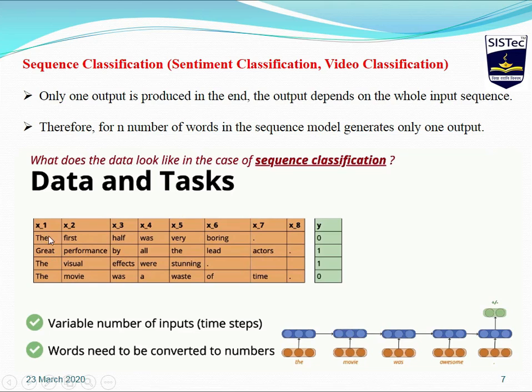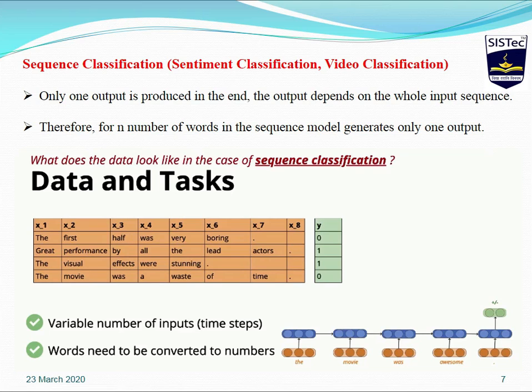Second, each input has a different size. For example, the size of this input is 6, the size of this input is 8, and the size of this input is 7. So each input has a different size.